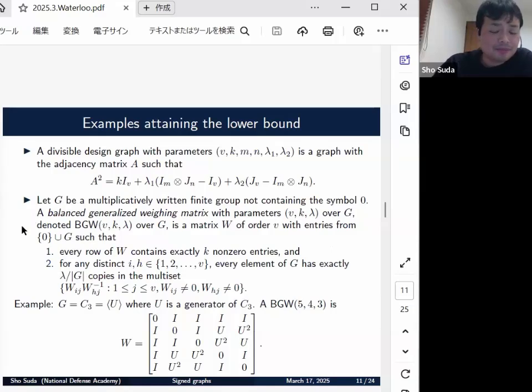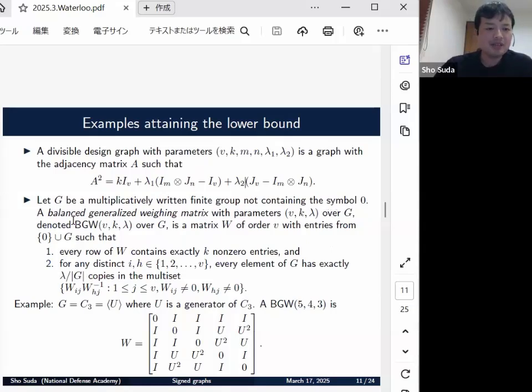In order to define this object, we need some finite group G, which is a multiplicatively written finite group. And this group does not contain some symbol 0.